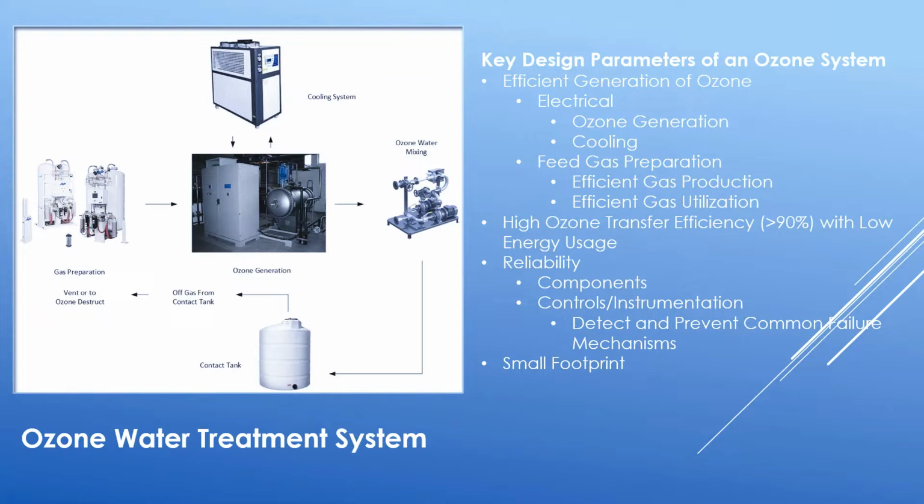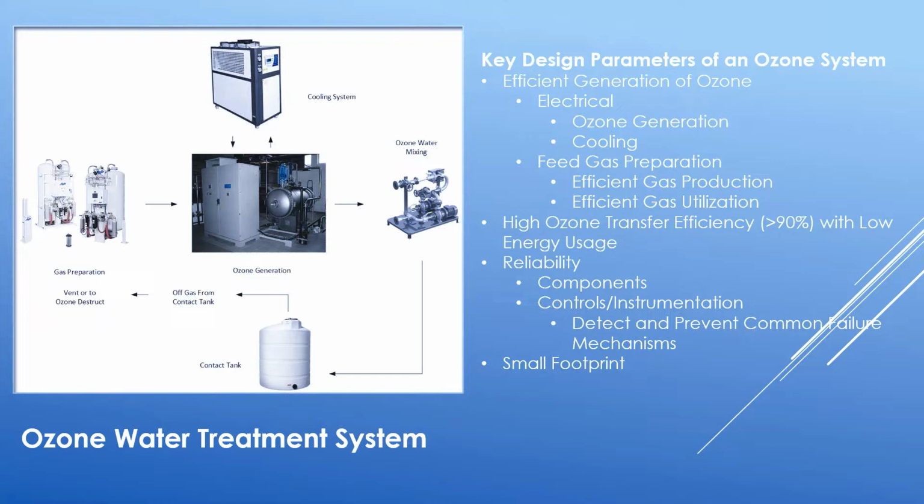First, you have to prepare gas that contains oxygen to feed into the ozone generator. Then, obviously, you have to generate the ozone. And because the ozone process generates heat, the system has to be cooled. Ozone generation output is inversely proportional to temperature. So the higher the temperature, the less ozone you produce.